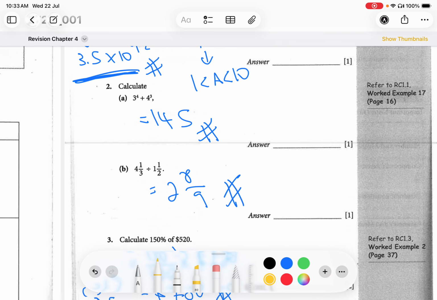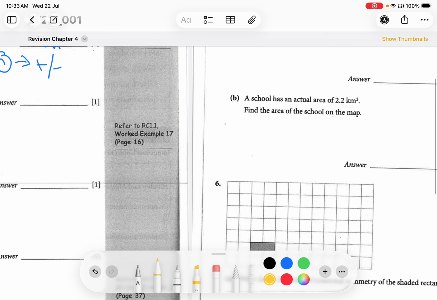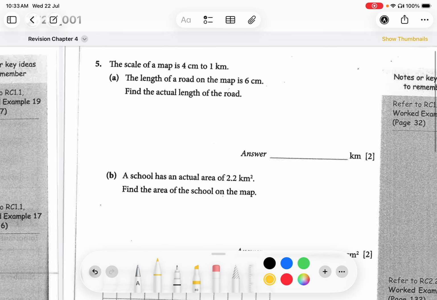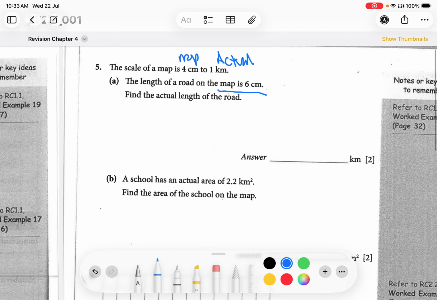At any time you can pause the video and look through. The next one, 5. So 5 is like this. This is the scale. This is the map. This is the actual. The length of the road on the map is 6 cm. So 4 cm is 1 km. What is 1 cm? 1 cm is 1 over 4 km, I divide both sides by 4.